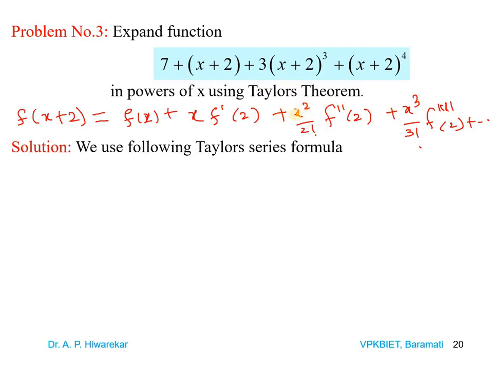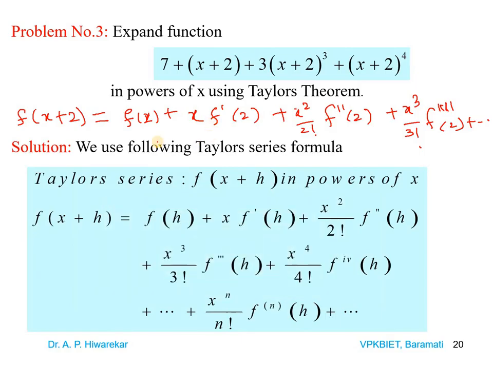But what is given to us? We have been given this function. So what we do is write this as f of x plus 2. Same formula here, and h I have taken as 2. So take h equal to 2 in this formula. So it is f of 2 plus x into f dash of 2, and so on.